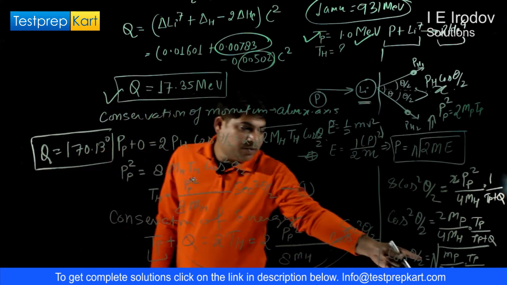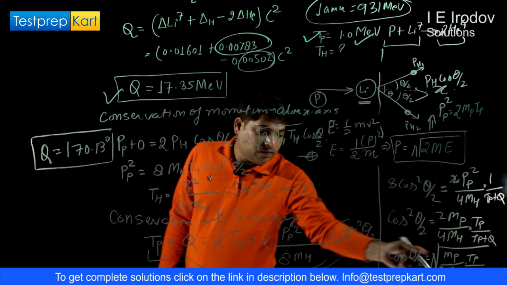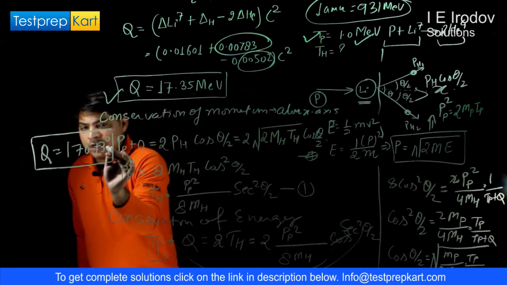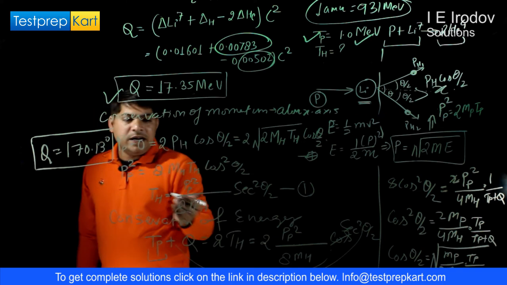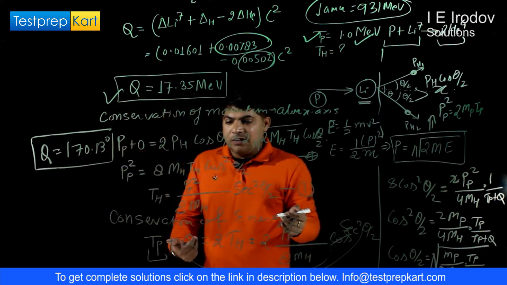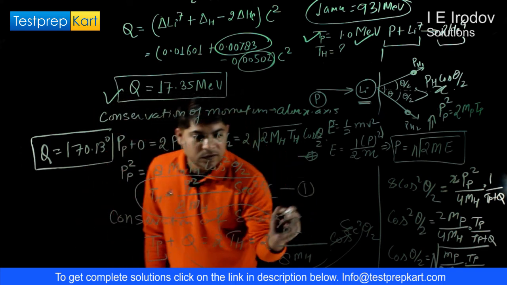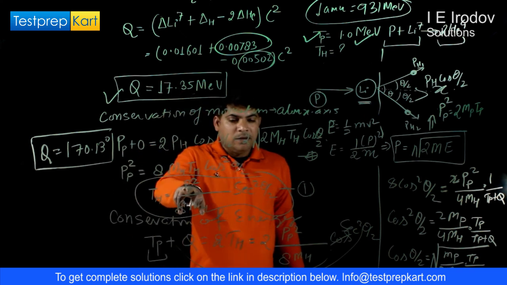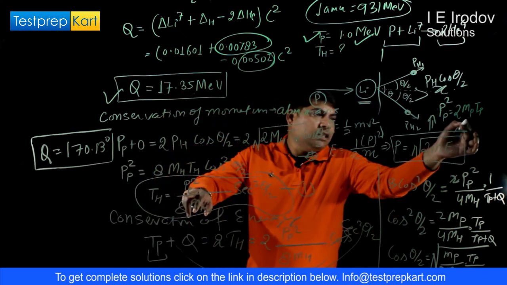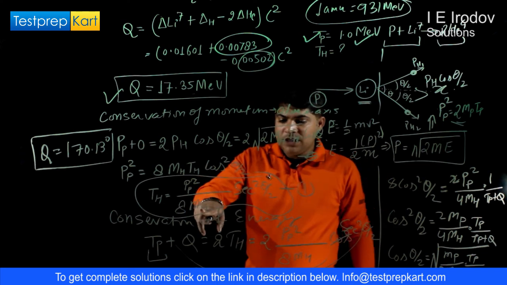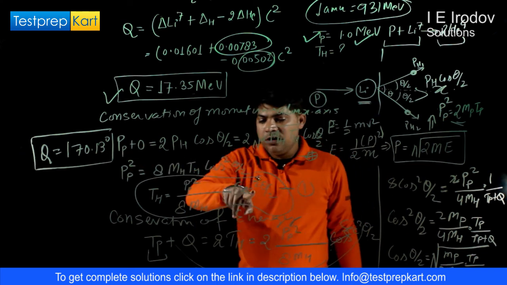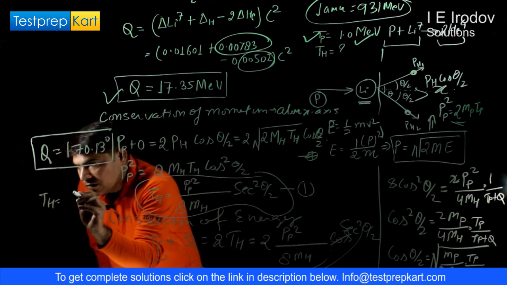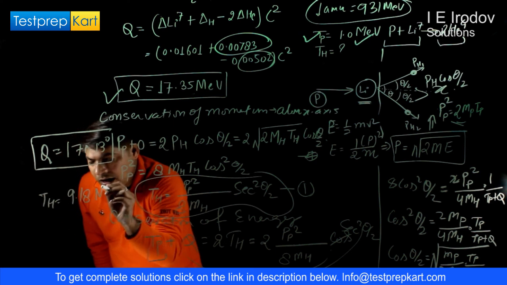You just need to substitute values and perform the calculation taking cos inverse. Then, for pH, we already calculated a relation. PP is known and can be replaced from this expression, MH is known, and theta is now known. If we substitute in this expression, we get pH equal to 9.18 MeV.